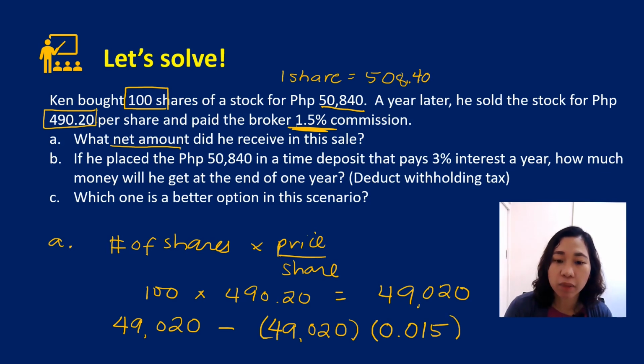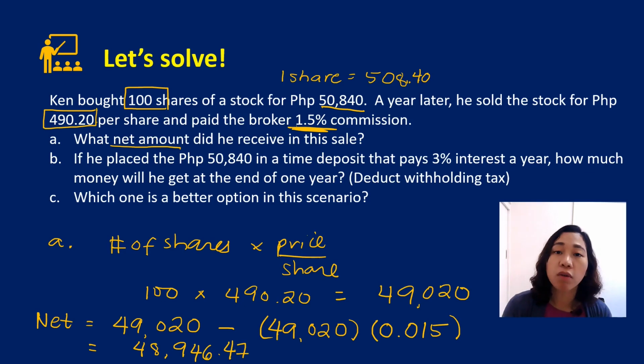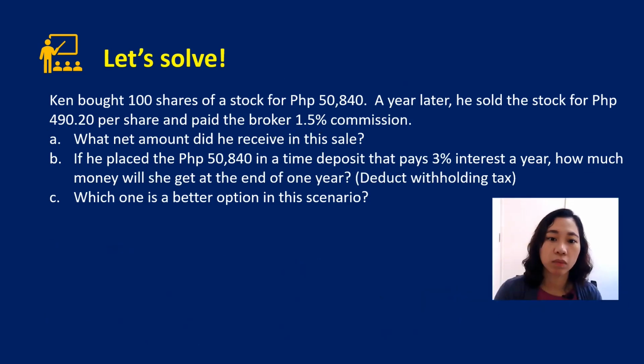So that's times 0.015. Okay? So when you now use your calculator, this is the net amount. So that will be equal to 48,946.47. So he actually lost money there.